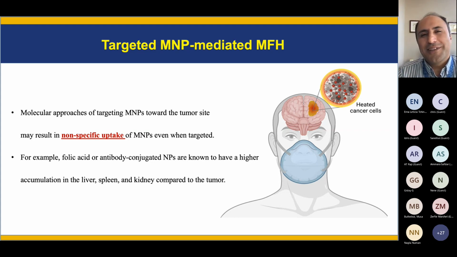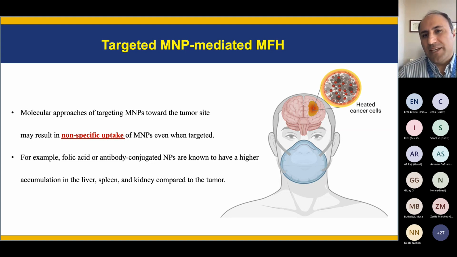Carry is not a very good term here. Actually, the nanoparticles can be selectively internalized by cancer cells, because there are some receptors on the cancer cell membrane, and the chance of internalization of targeted nanoparticles is much higher than in normal cells.